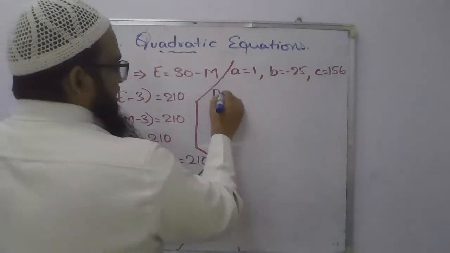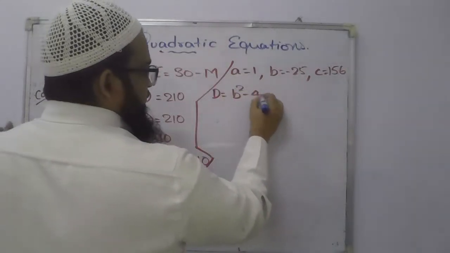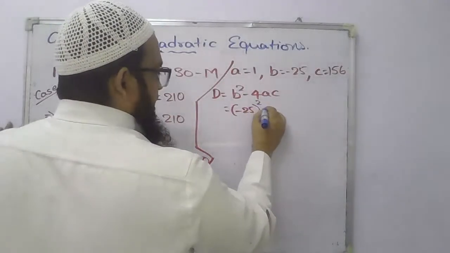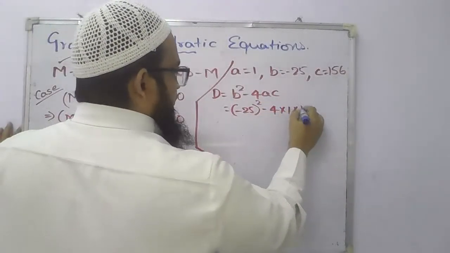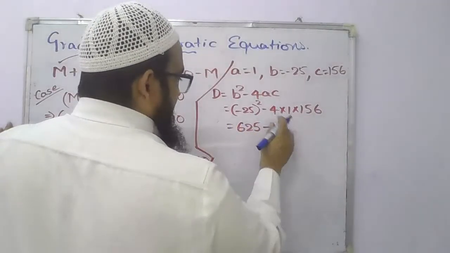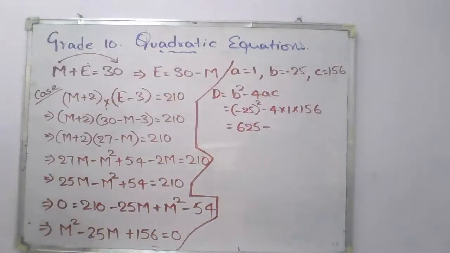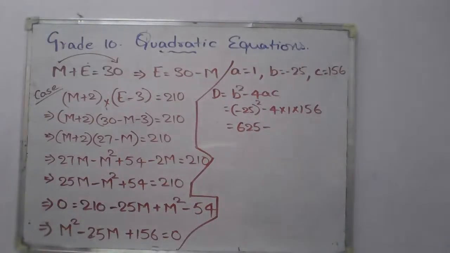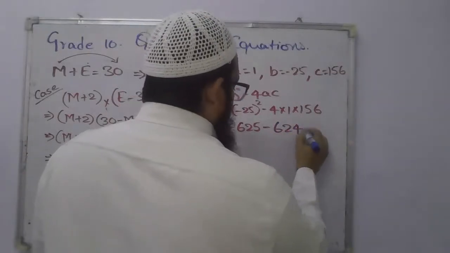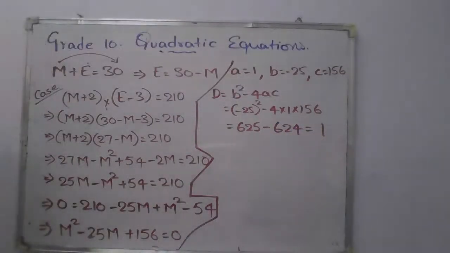So what is discriminant? B square minus 4AC, that is equal to minus 25 whole square minus 4 times 1 times 156. 25 square is 625 minus 156 into 4, so it is 624. So that is equal to 1. Understood? Now you got discriminant is equal to 1.